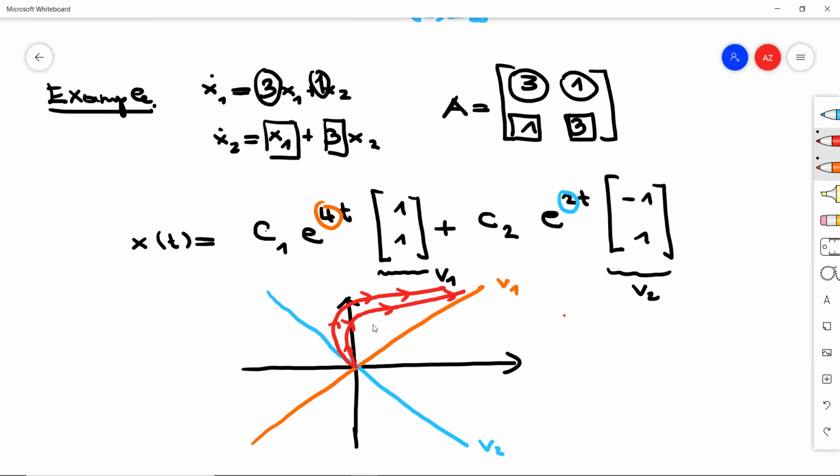Depending on the signs of C1 and C2, we get 4 different combinations of these motions, like that, or like that, and then here like that, and in this case, like that.